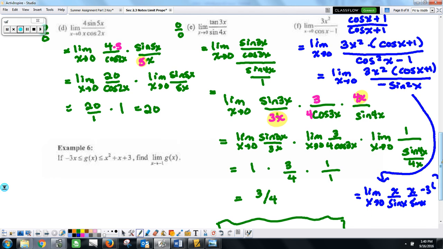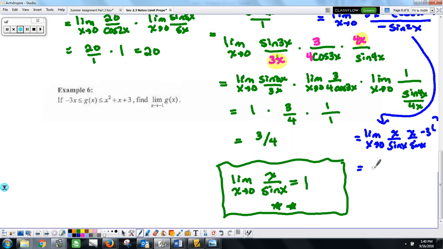So your final answer for this one is going to be the limit as x goes to 0 of x over sine x times the limit as x goes to 0 of x over sine x times the limit as x goes to 0 of negative 3 times cosine x plus 1.